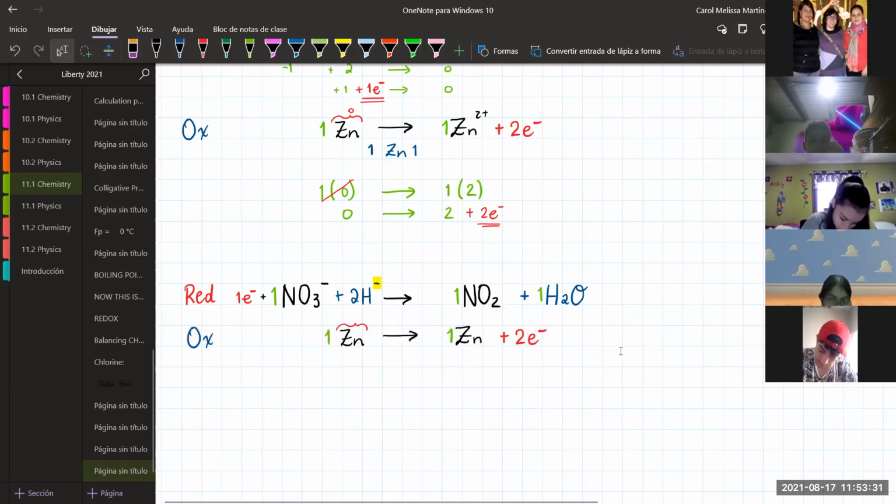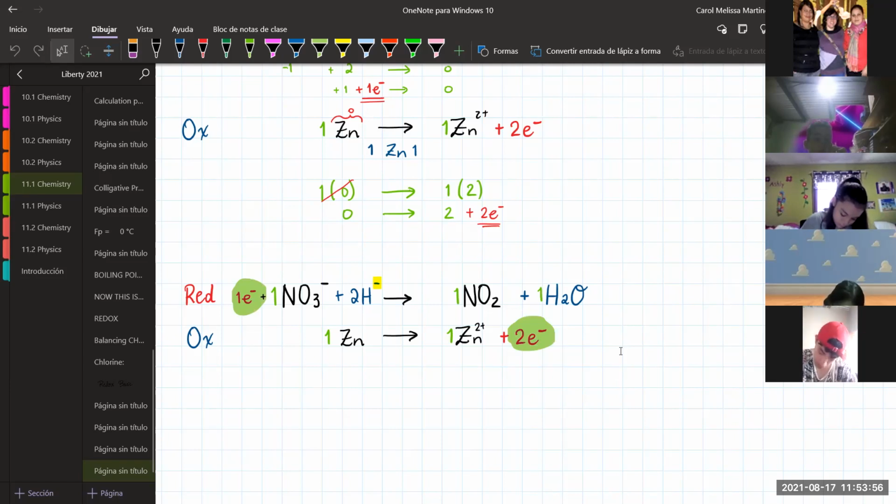Okay, like this. So I have my equations together. Okay, I'm just missing the charge over here, which is 2 plus. Okay, and now I see my number of electrons. My number of electrons must be the same. As you can see, they're not the same.